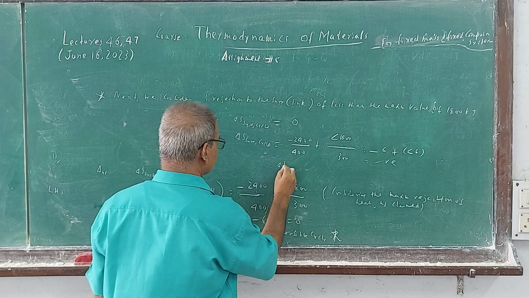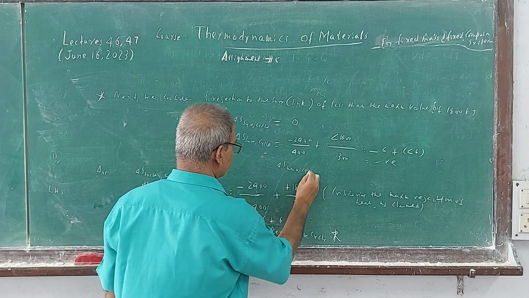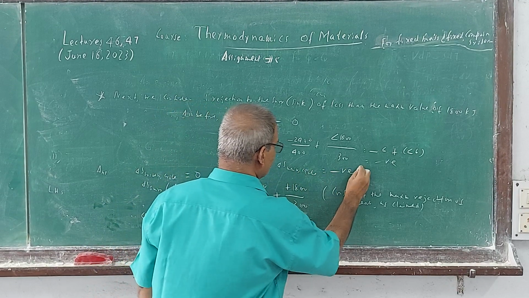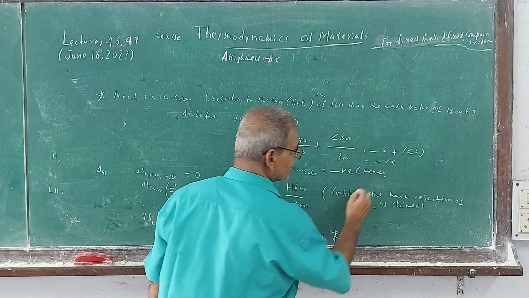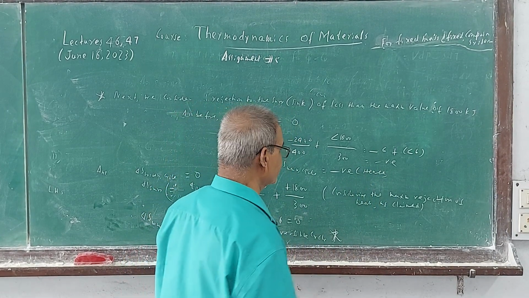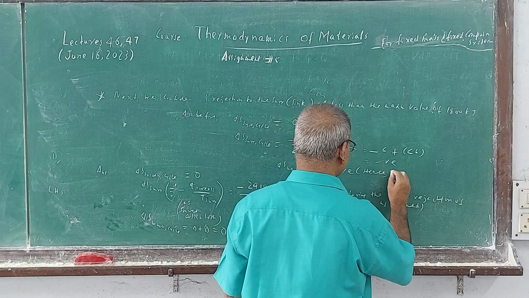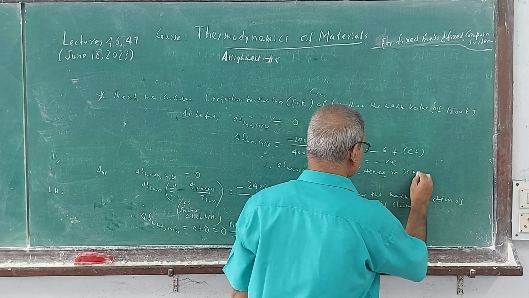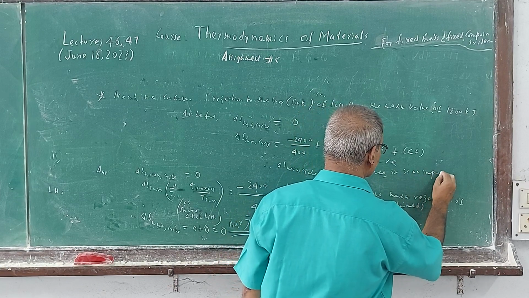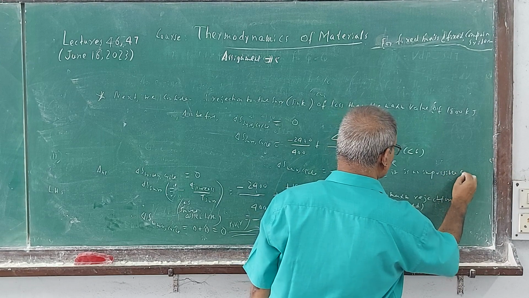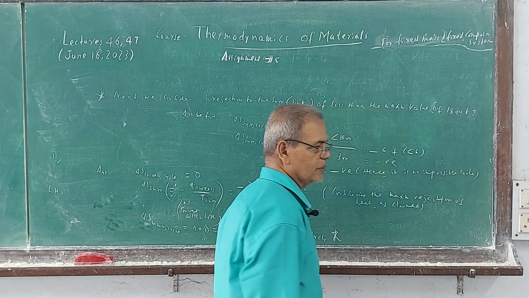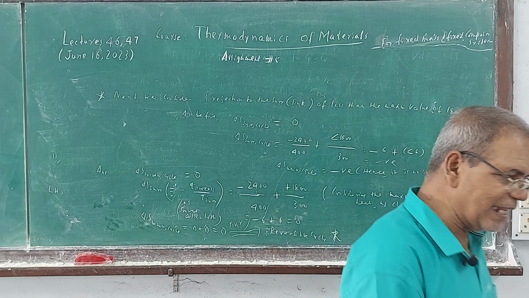Hence delta S universe for the cycle is negative. Hence it is an impossible cycle, improbable, impossible. Hence the claim is false. If this part is less, it is impossible.